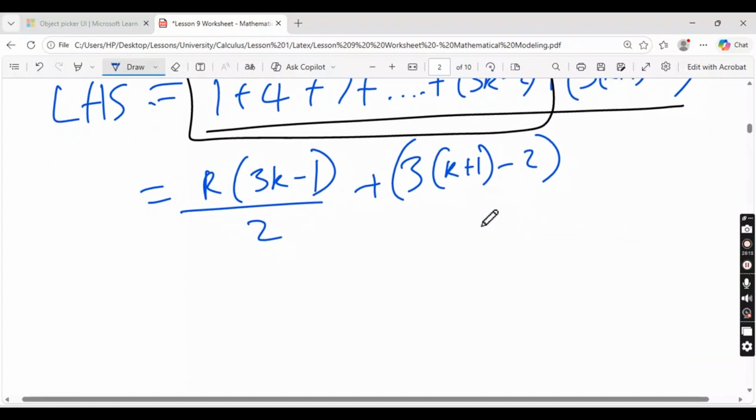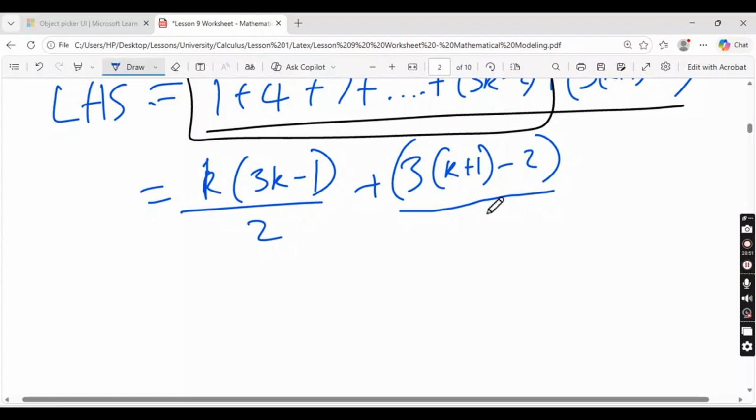Okay, so we now have these two terms. Now we have to add them together. So now take out your book where you're writing, and I want you to simplify this.